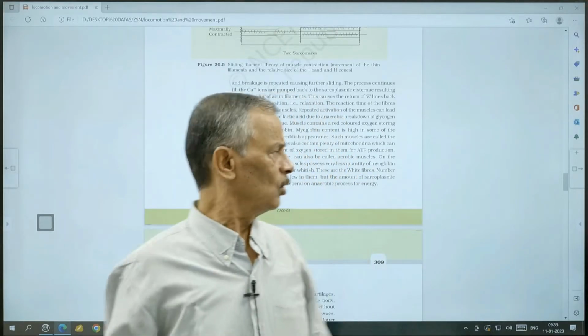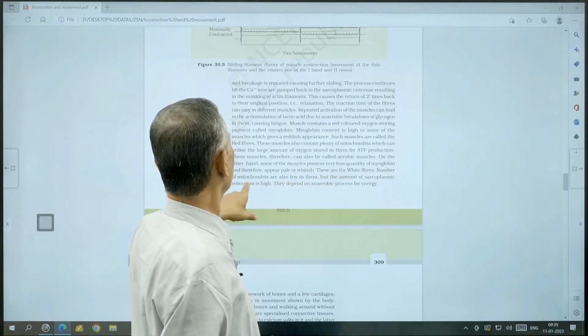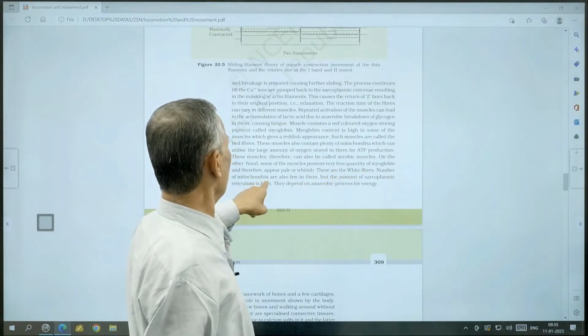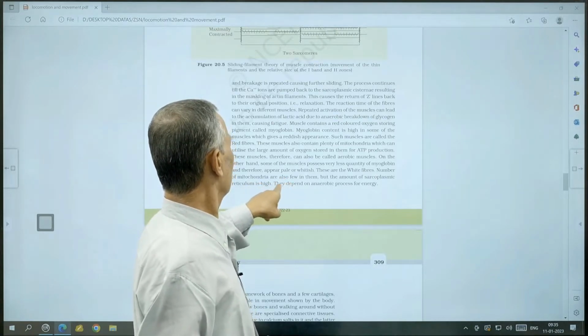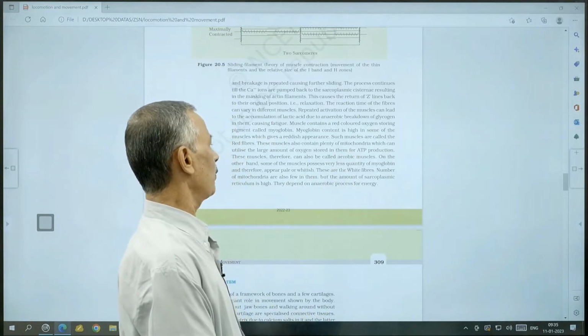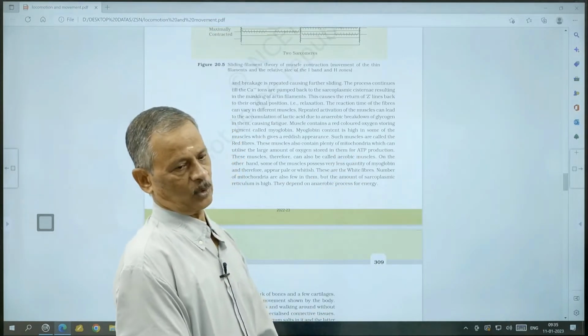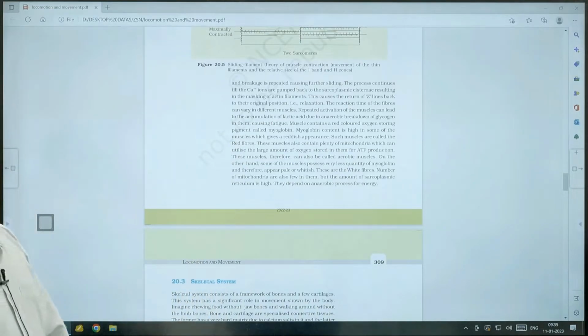Okay, so white muscles have fewer mitochondria, but the amount of sarcoplasmic reticulum is very high. They are anaerobic. They depend upon the anaerobic process. Clear? So that's about the muscles.